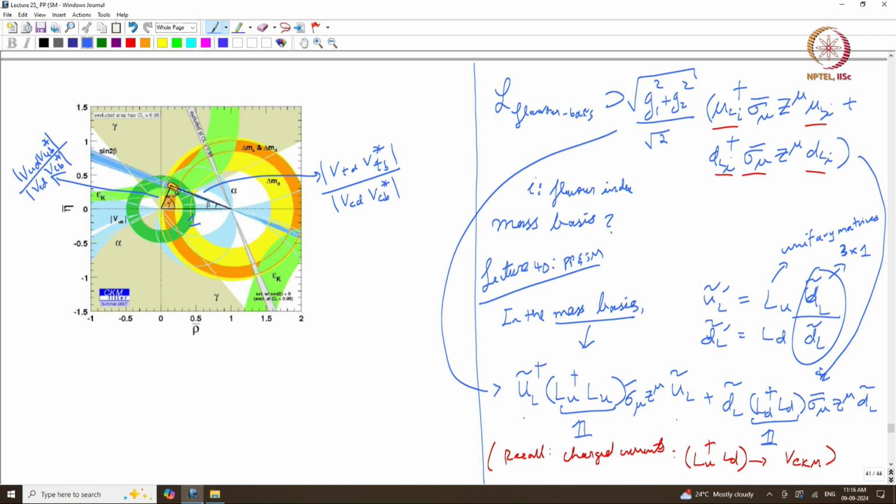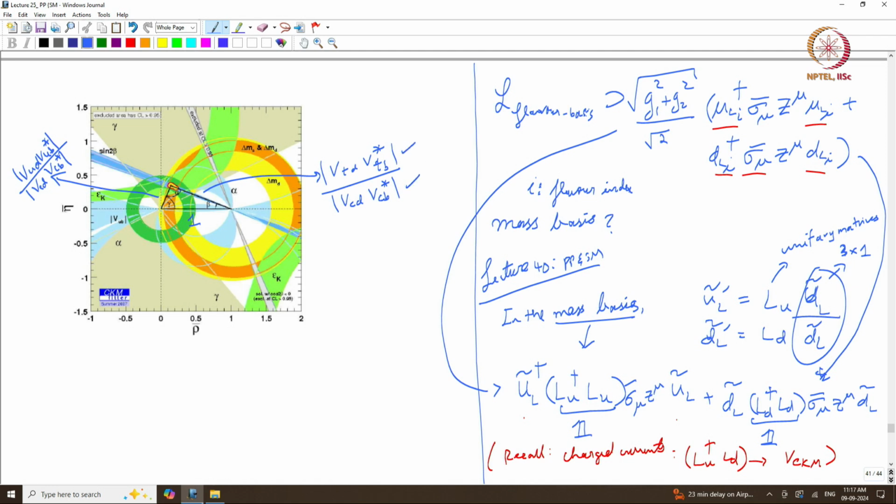Now, how would you measure the unitarity using this? It turns out that you can measure the absolute values of these quantities.